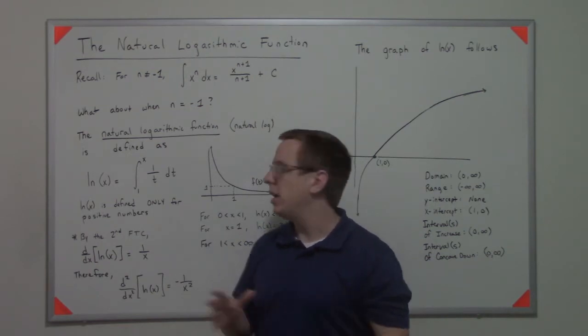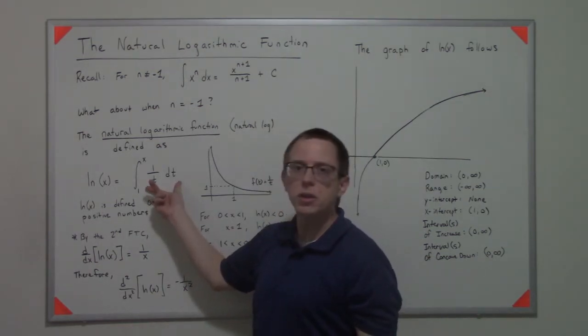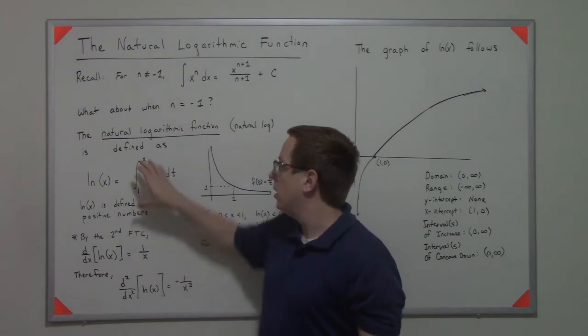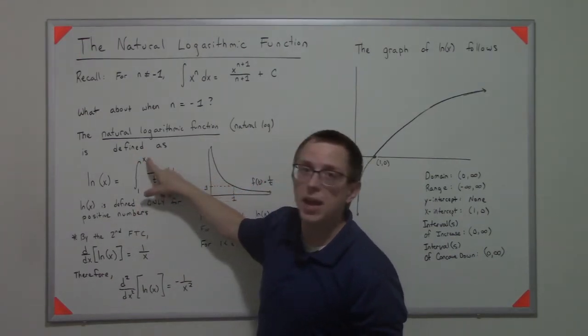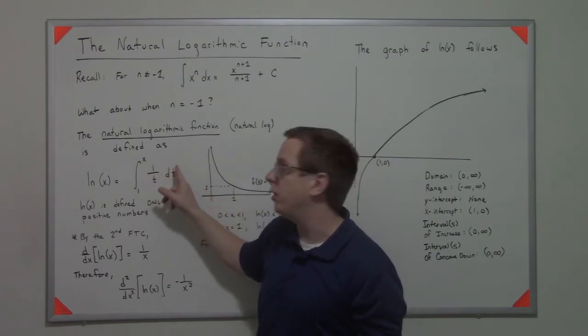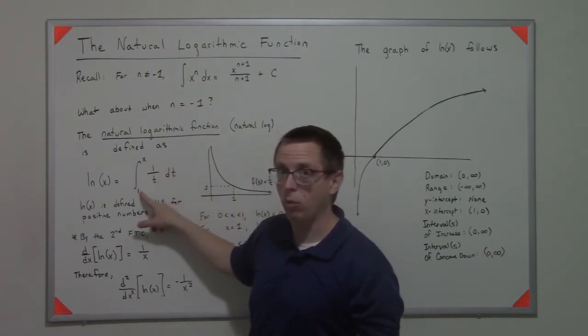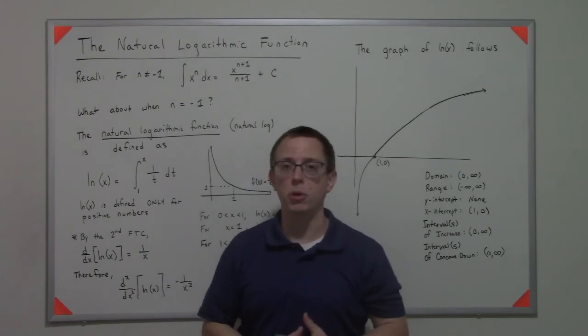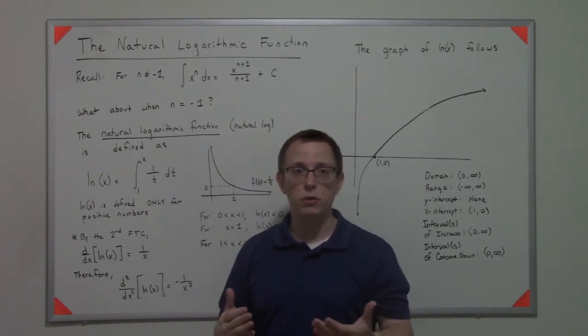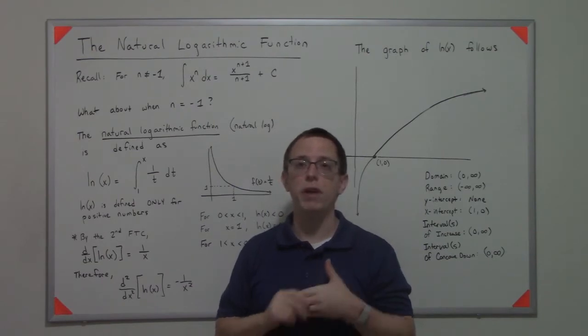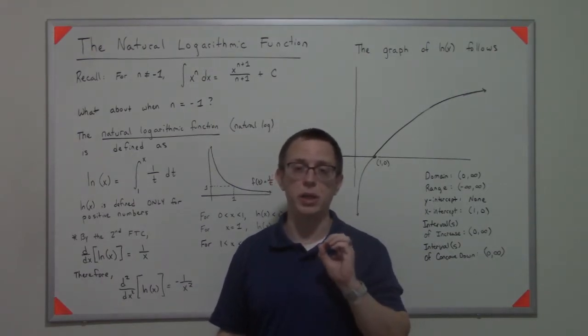And what we find is, by the fundamental theorem of calculus, this would be the antiderivative of whatever this function is evaluated at x minus the antiderivative evaluated at 1, right? That's the first fundamental theorem of calculus. But what we do is we construct a function that, when evaluated at 1, is actually 0.